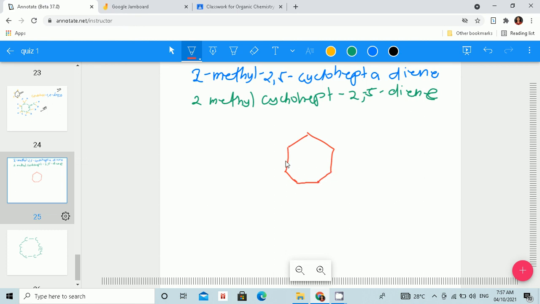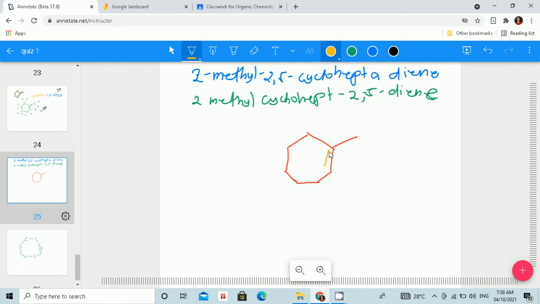Okay, and it says that in number 2 we have methyl. So if we count from here, then we have number 2 here. So 2. And then it says that in number 2 we have "di". So we have here a double bond.